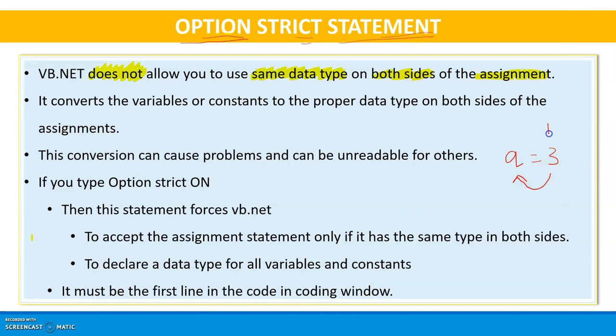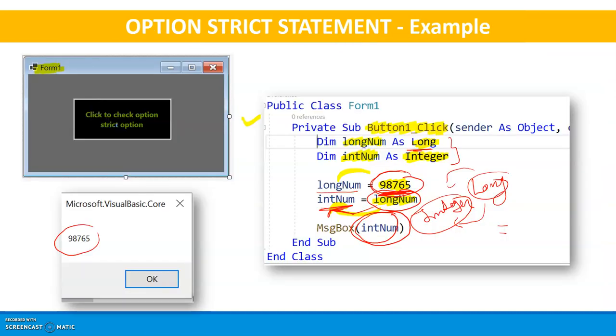Always we assign the value from right to left, and for that we use the assignment operator. So normally VB.NET allows different data types on both sides of assignment. It converts the variable or constant to the proper data type, and this conversion can cause problems and can be unreadable for others, as we have already seen.